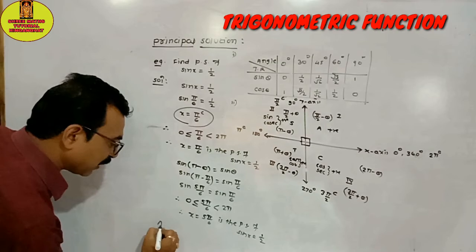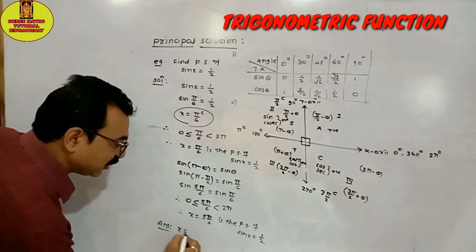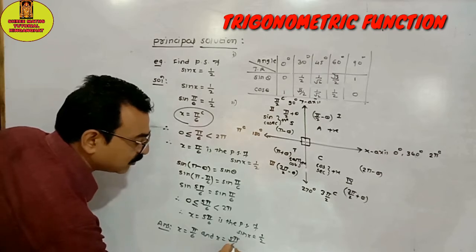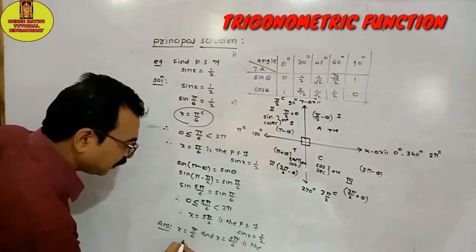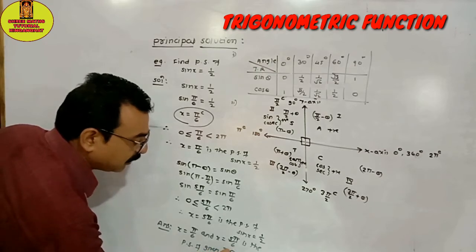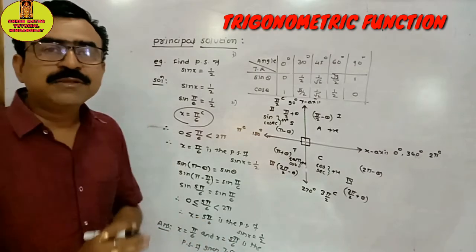Okay, so your answer is x is equal to pi by 6 and x is equal to 5 pi by 6 are the principal solutions of the given trigonometric equation. Understood?